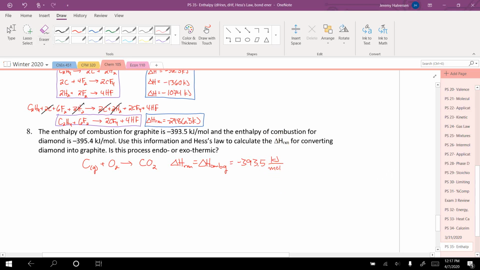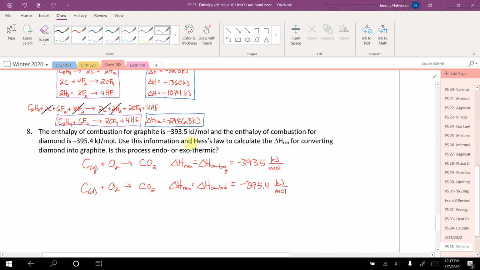The enthalpy of combustion for diamond is C diamond plus O2 goes to CO2. The delta H of that reaction is the delta H of combustion of diamond. That's negative 395.4 kilojoules per mole.